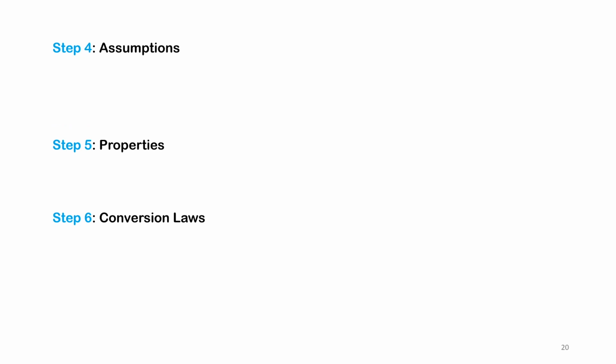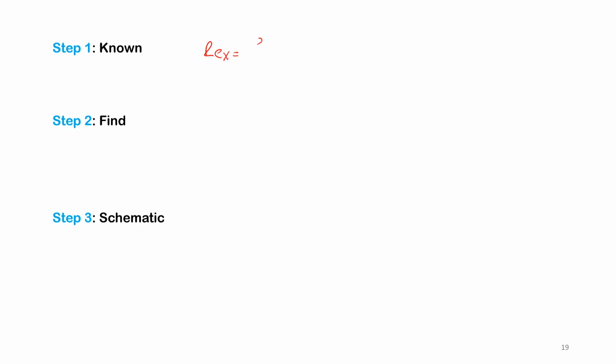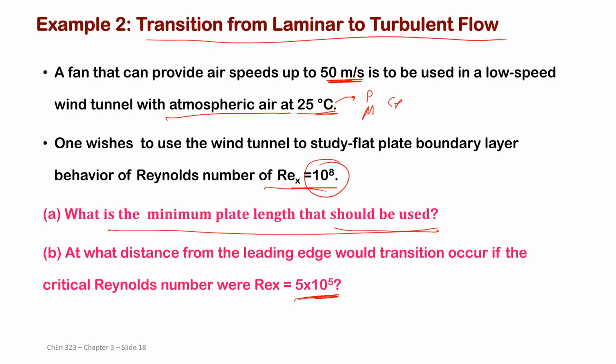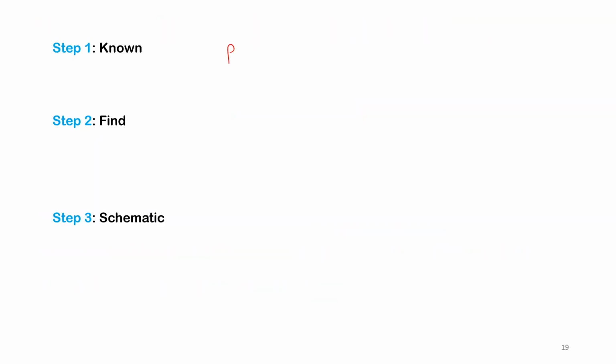I'm just going to write this down without going through the simplifications. So we want to write down the definition of the Reynolds number, rho times u infinity times x over mu, or if you like to write it down in terms of the kinematic viscosity, u infinity times x over kinematic viscosity.